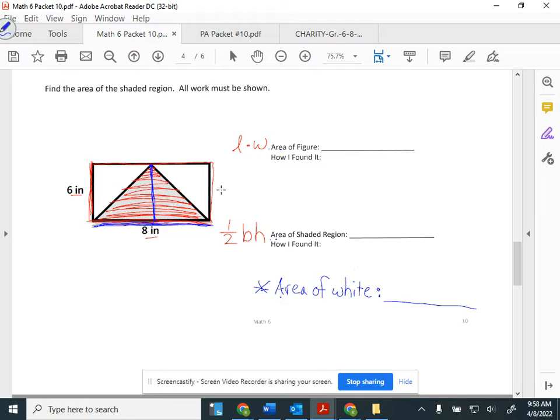So take away means we're doing what operation? If we're taking away, we're subtracting. So you need to get in that habit of understanding you're subtracting to find what's left. Anthony. Oh, so is this an extra point? No. It's part of the problem, sweetheart. Oh, it is. Yes. So write it on your paper. Area of white. You need to find that.